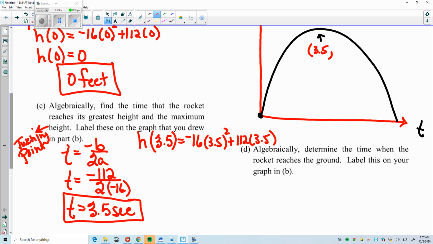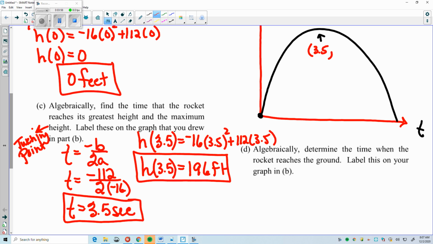And you can plug all that into your calculator just like that as a string. And when you do and you simplify, you get 196. If we were to think our label, that should be feet. So I could label our turning point over here at 3.5 comma 196.